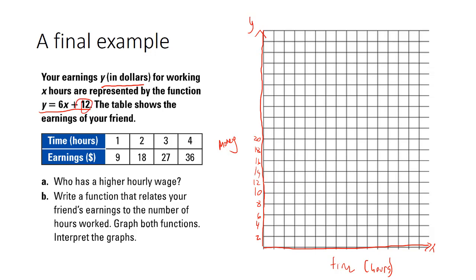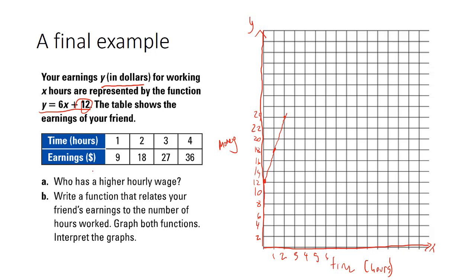So apparently if you come into work at all, you get $12. And then every hour after that, you earn another $6. 1, 2, 3, 4, 5, 6. So I'm going to go another hour. That 12 plus 6 is 18, 24. So another hour, and I have this line that looks like this.